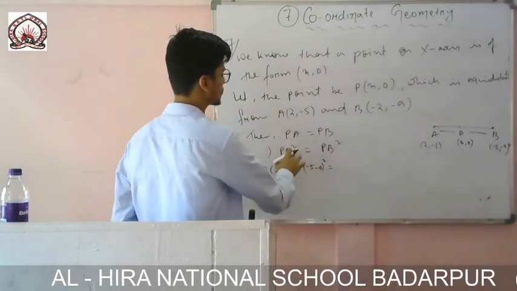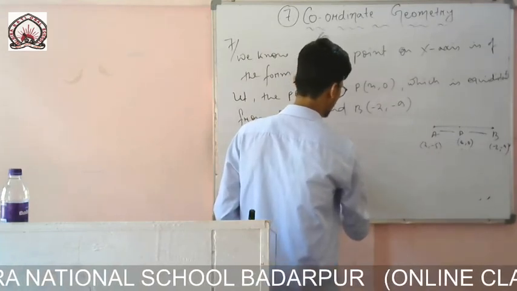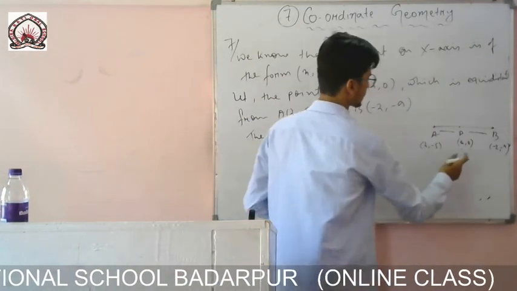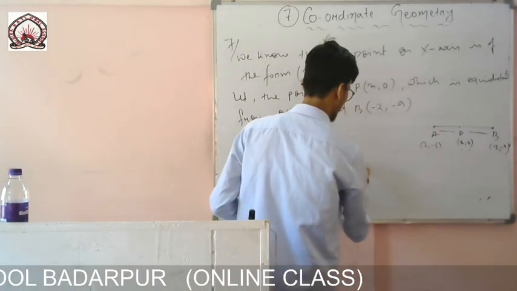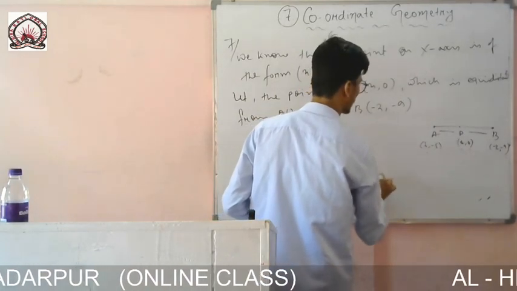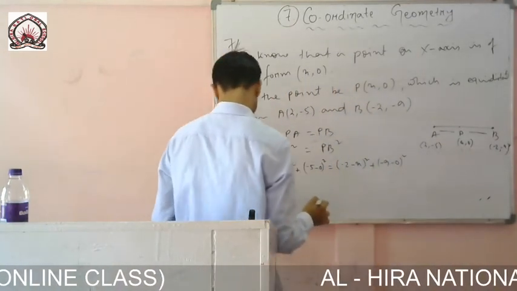The root will not be there because I have directly given the square, which removes the root. Then the other one, PB. So again this one will be x2. So minus 2 minus x whole thing square plus minus 9 minus 0 whole thing square.